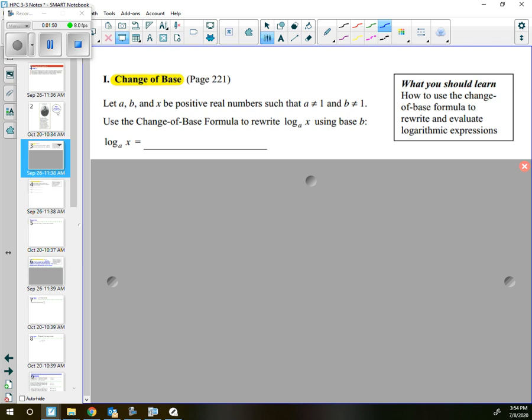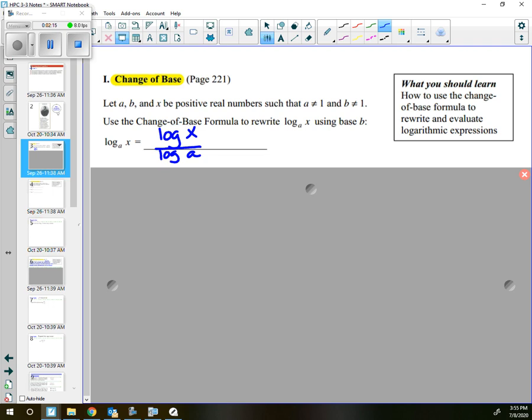Basically, what you're looking at is writing it as an expression of either common logarithms or natural logarithms, or really any base that you want. So if you look at log base a of x, a could be really anything. You can write this as common log of the argument, the number, divided by common log of the base.